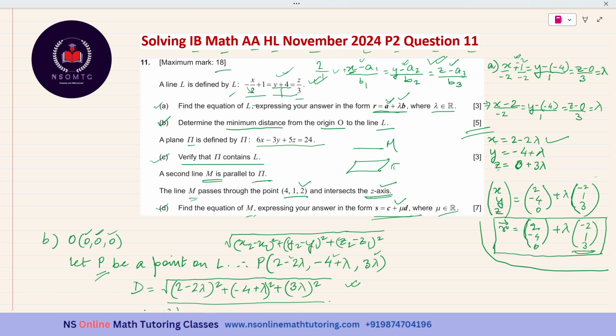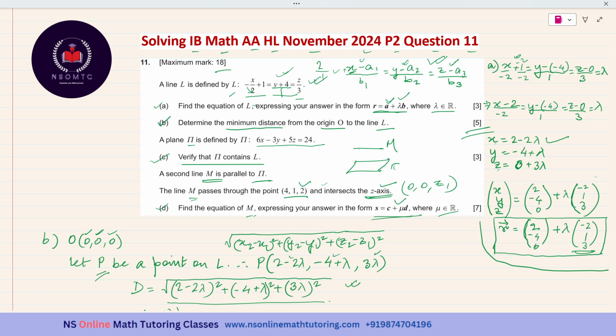The line M is intersecting the Z axis, so the point of intersection will have the X coordinate as 0 and the Y coordinate as 0. The Z coordinate is unknown, maybe it is equal to Z1. We do not know the value of Z1.